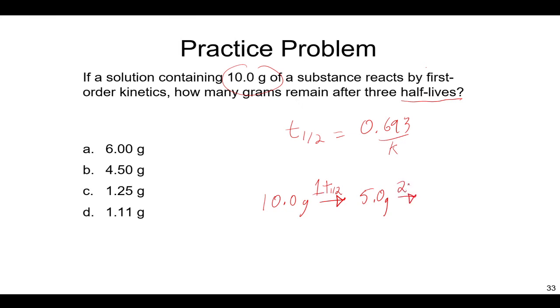After 2 half-lives, that 5 gets cut in half to be 2.5. After 3 half-lives, that becomes 1.25 grams. Okay, so this is more a conceptual question to make sure you understand what a half-life is. After 3 half-lives, the amount should be 1.25 grams.